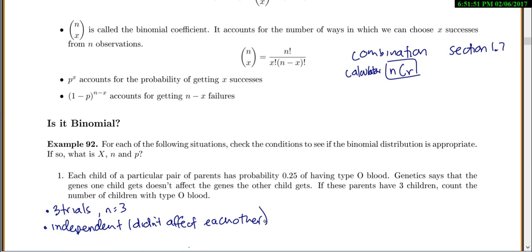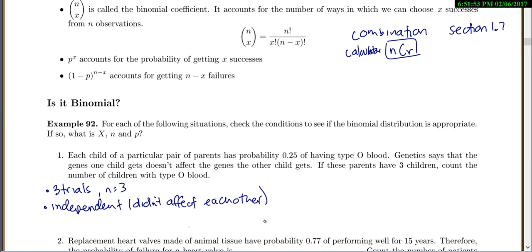Okay. They told us that we are kind of counting the number of children. We want to count that number of children. That count is kind of a big deal too. That kind of keys you into it might be binomial. It's not the only way we count things, but it keys you into it might be binomial.